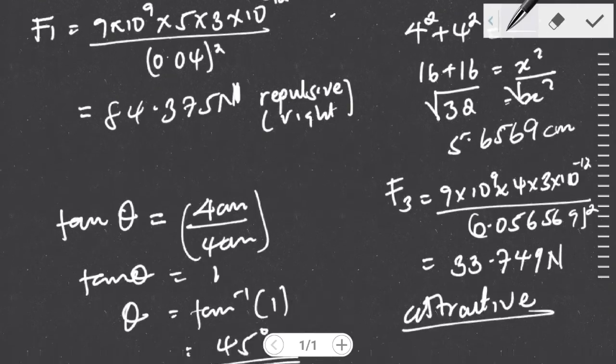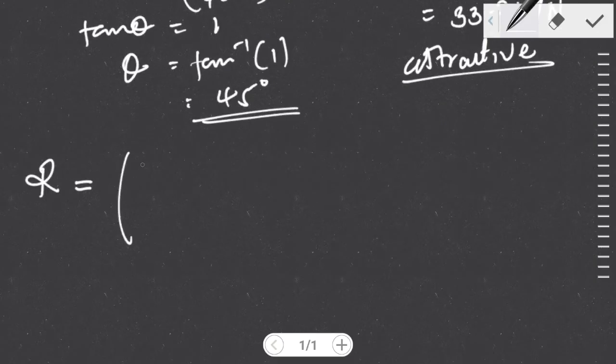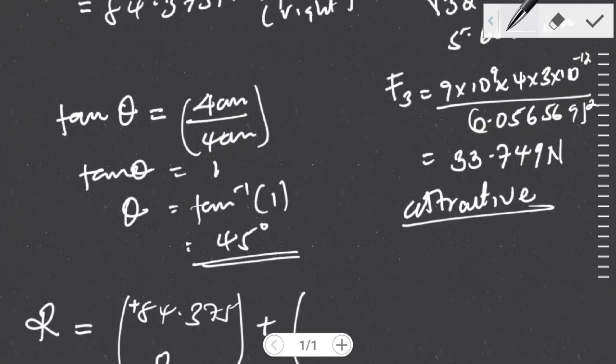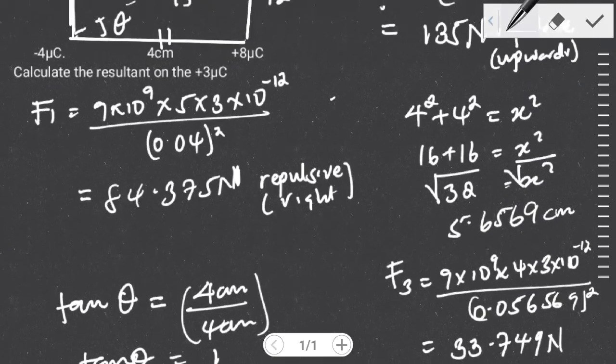So I'm going to have 84.375, but it is moving to the positive x, and therefore it is positive. But then in the y direction, we don't have a force acting in that direction, so plus another force, which would be force 2.